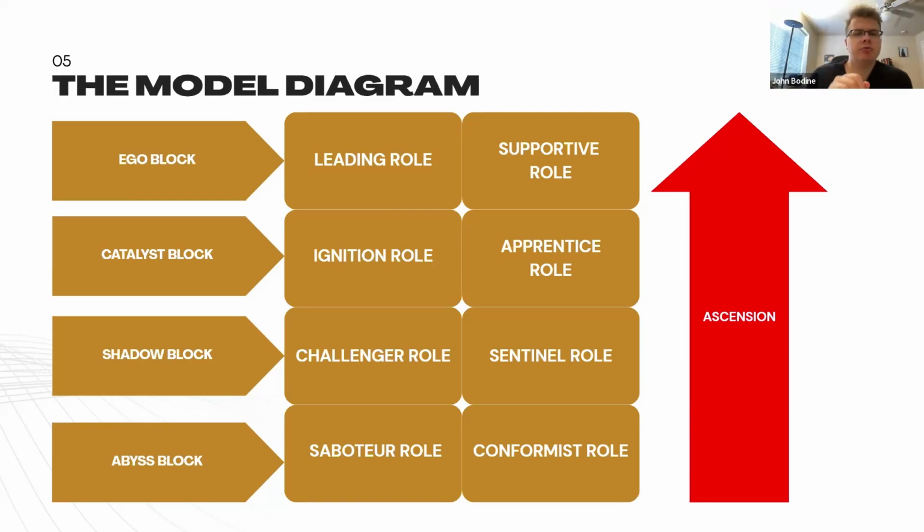Yeah. So to jump in real quick. So the two rows in the middle, are these other words for the functions? Like, is the leading role the hero? Is the supportive role the parent? So on and so forth. Yes. Okay. So the idea is, and then it's child, inferior, nemesis, critic, and demon, trickster, all the way down.